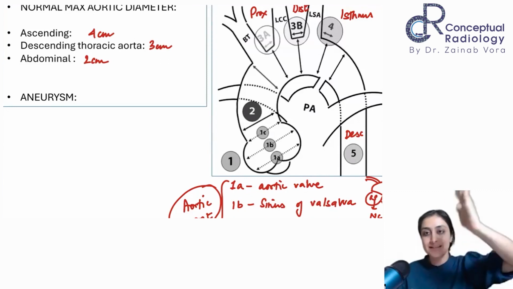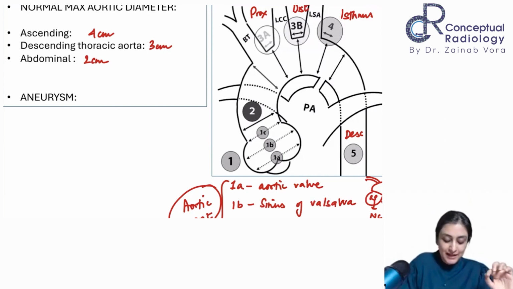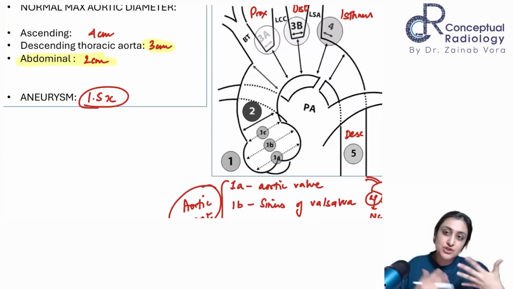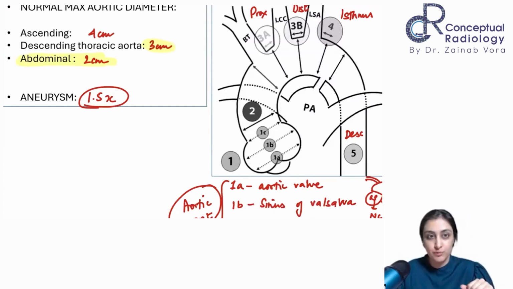So remember 2, 3, 4, like that. And an aneurysm is anything which is 1.5x dilatation of the maximum normal diameter. So having said that, an abdominal aortic aneurysm will be any aorta which is more than 3 centimeters dilated. Descending thoracic will be anything which is 4.5 centimeters or more dilated.